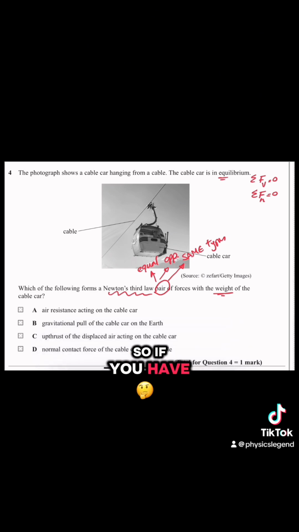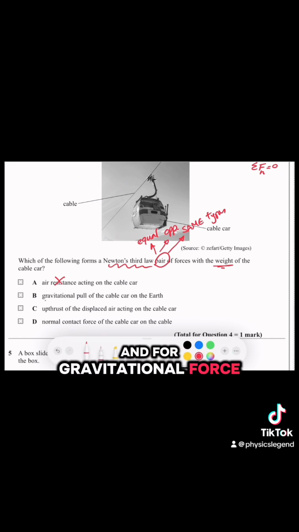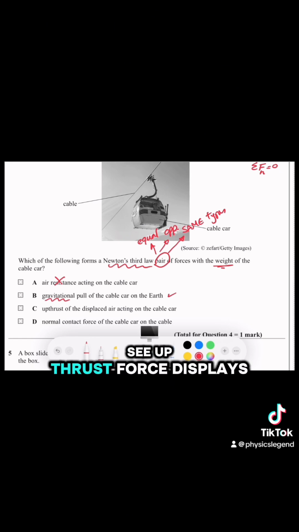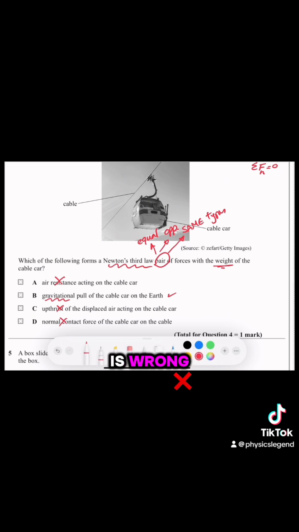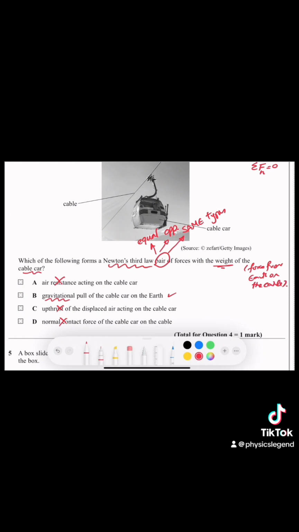So we want to find another force equal to the weight, but of the same type. If you have a look at the choices here, air resistance, no, it's a contact force. Gravitational force here might be the correct one. Have a look at C. Upthrust force is a contact force. Normal contact force as well is wrong. The weight of the cable car means the force from the Earth on the cable car.